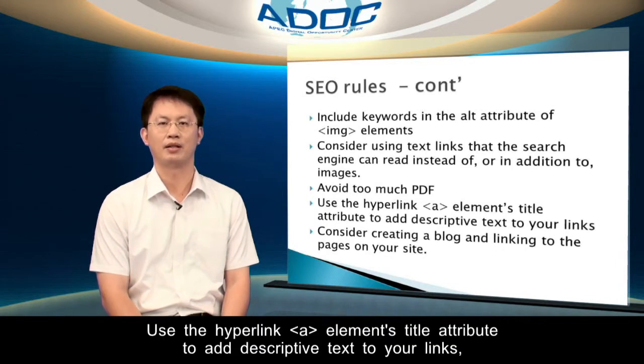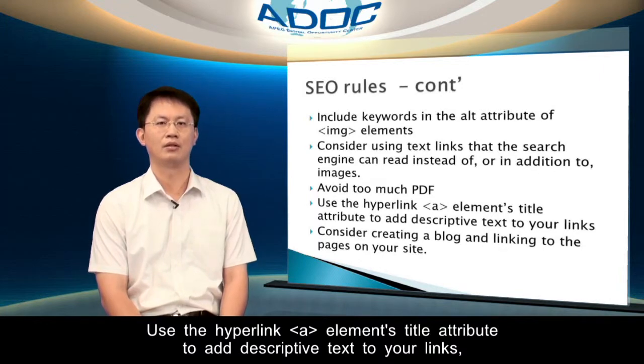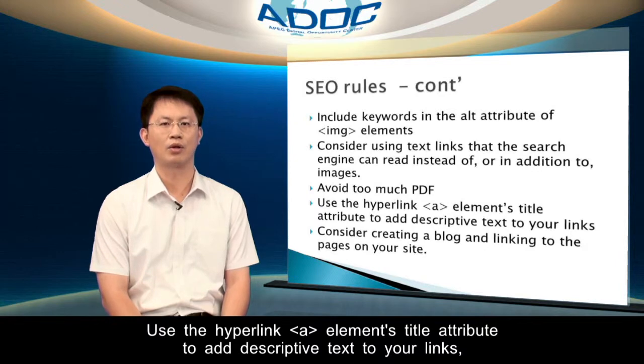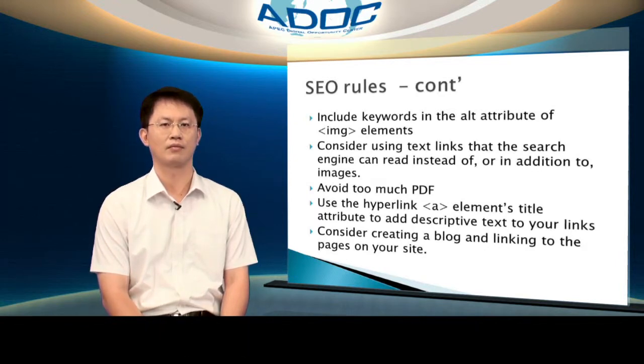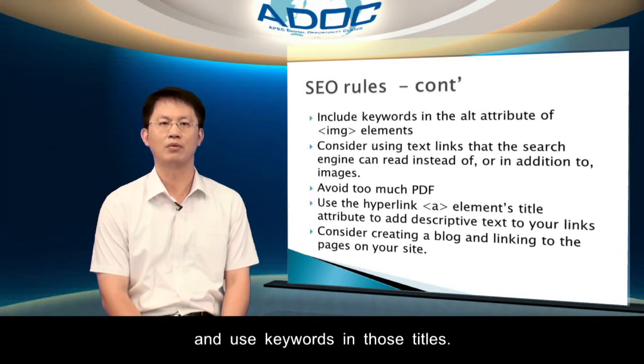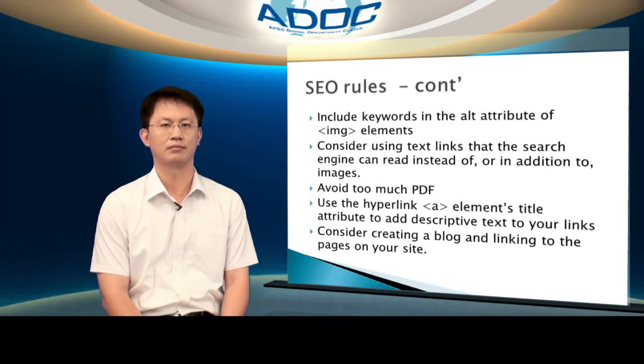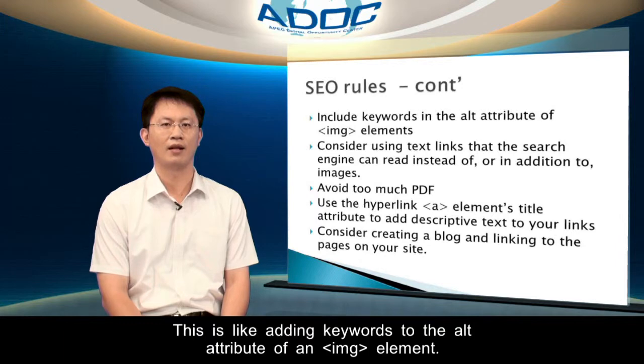Use the hyperlink a element's title attributes to add descriptive text to your links, and use keywords in those titles. That is like adding keywords to the alt attributes of an image element.